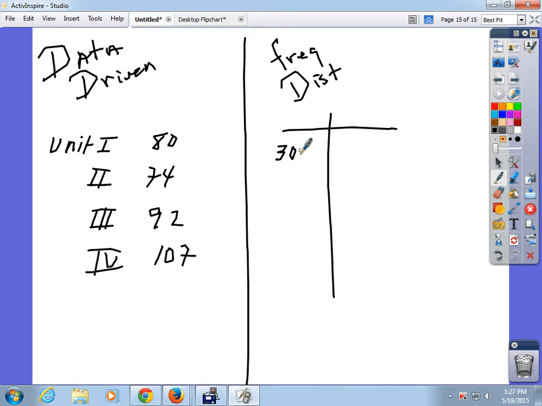$30, $32, let's see, possibly up to 4. So that'll be 27, 29, 24, 26, and 21, 24. So 5, 3, 4, 10. There is a frequency distribution, and I will ask you for the mean and standard deviation of it.